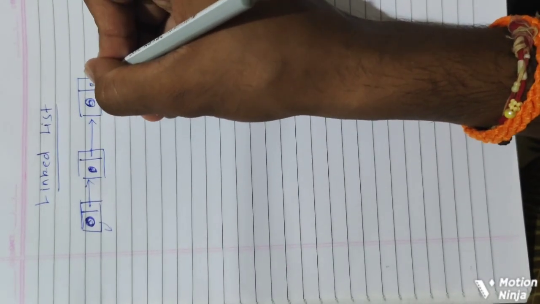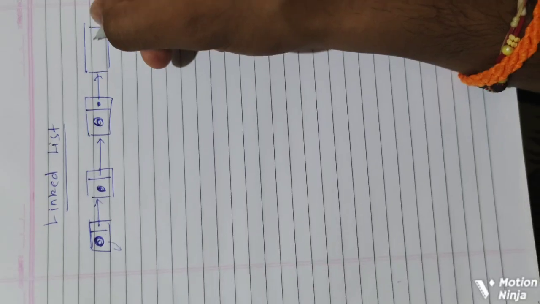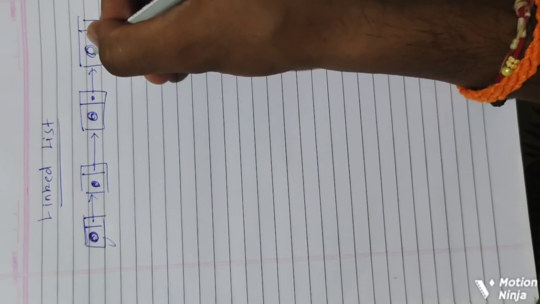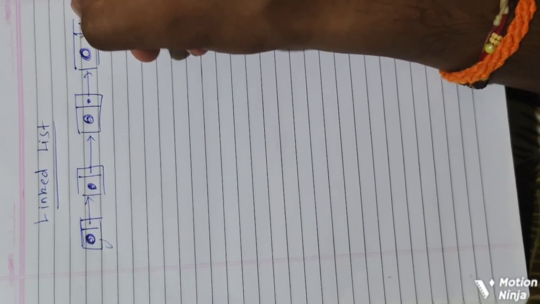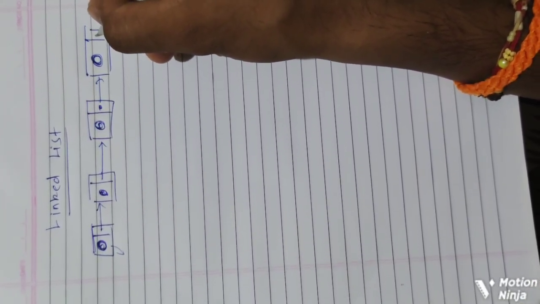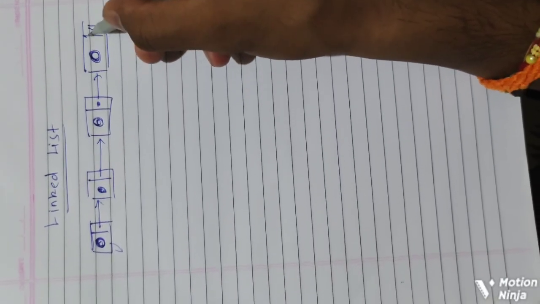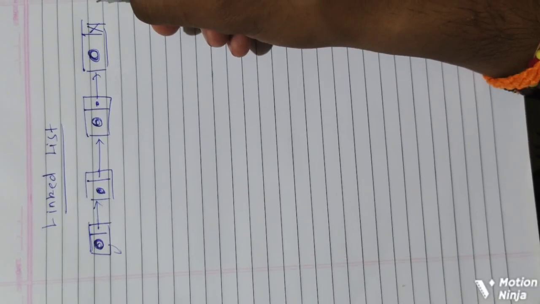There is another value, this node is connected to this node using the pointer. Now once we reach the end of the linked list, suppose there is an end value of this linked list, then this pointer to the next node will contain null value. So as it is the last element, it will not point to any other element in the list. So this is basically what a linked list is.